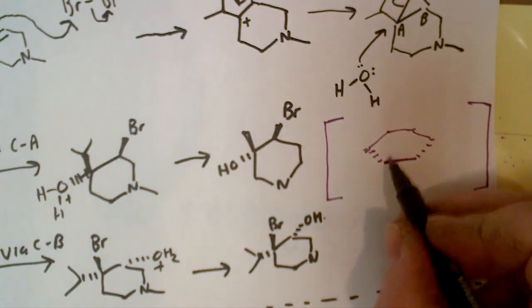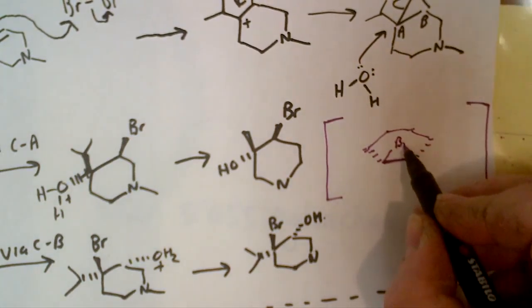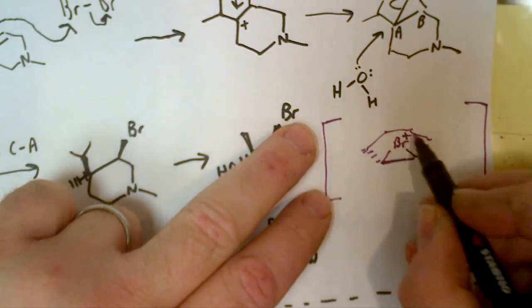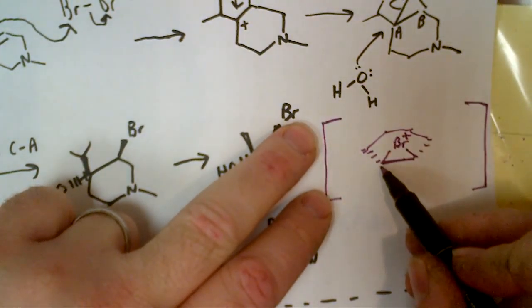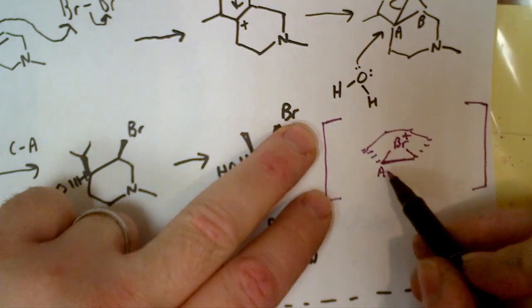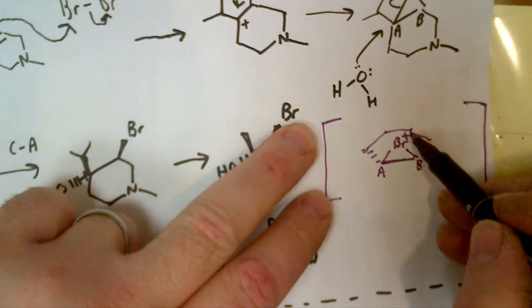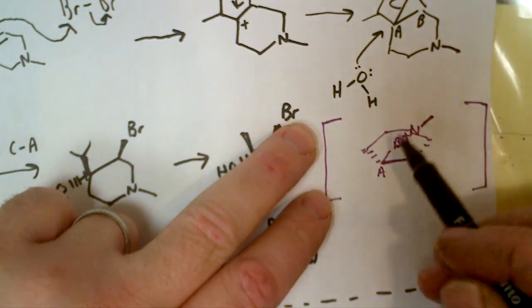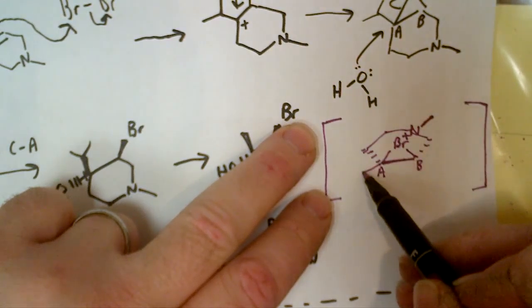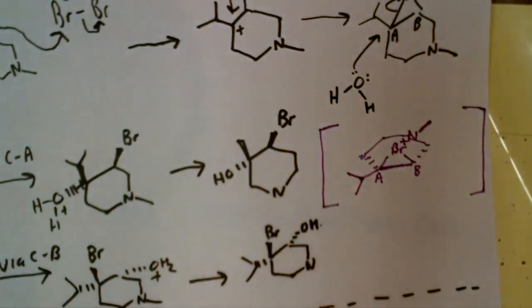so let's make this the bromonium species. So let's make this carbon A, carbon B, so we'll go C and D, so that's the nitrogen, and then here we would have the isopropyl group in place.